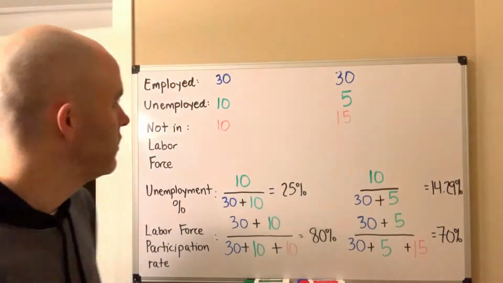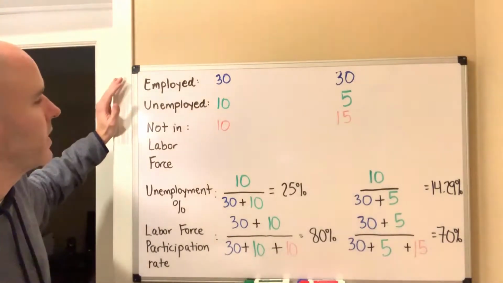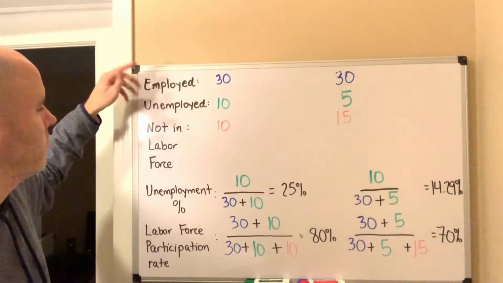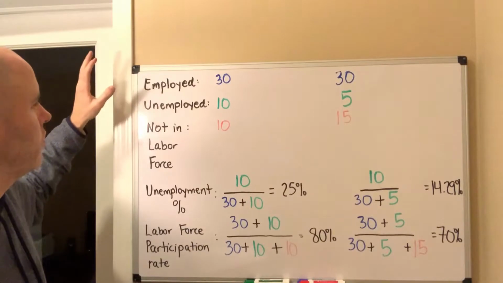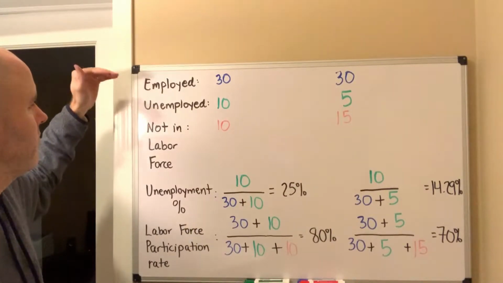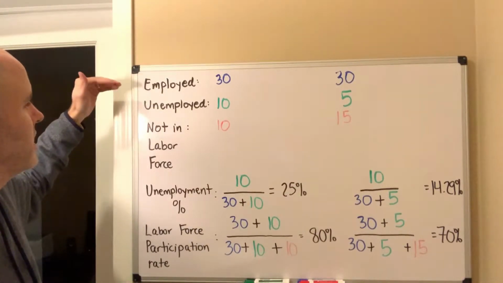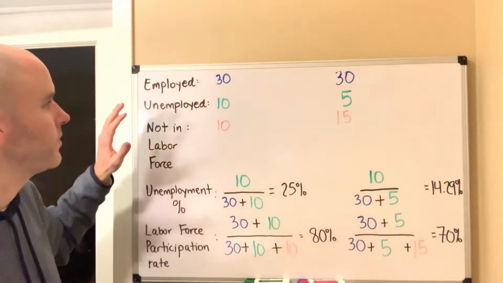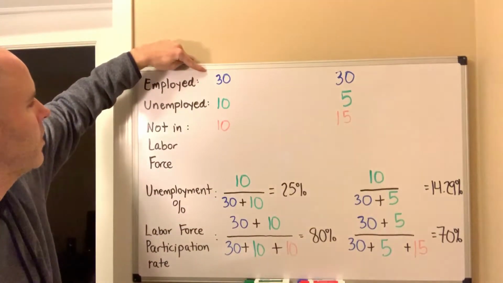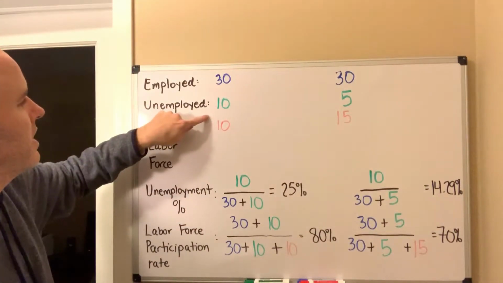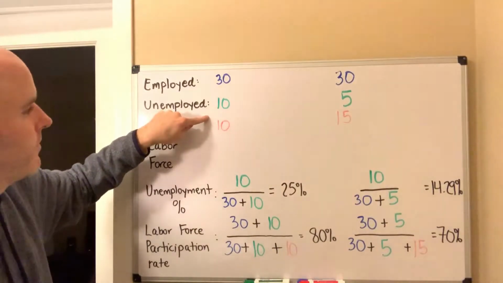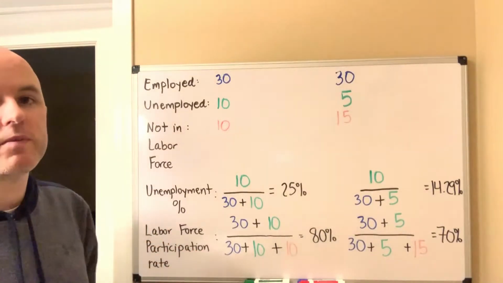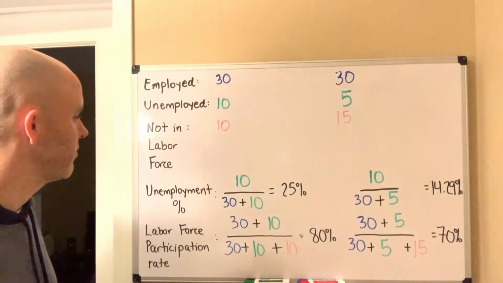Okay, so in my example here, between the labor force and the people not in the labor force, there are 50 total people. 30 of those people are employed, 10 are unemployed, and 10 are, by the Bureau of Labor Statistics definition, not in the labor force.